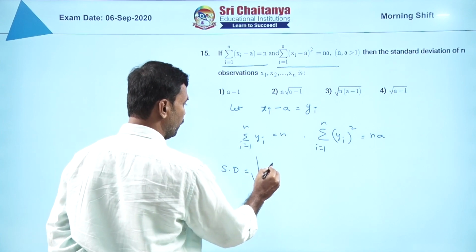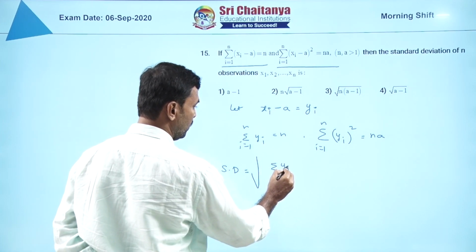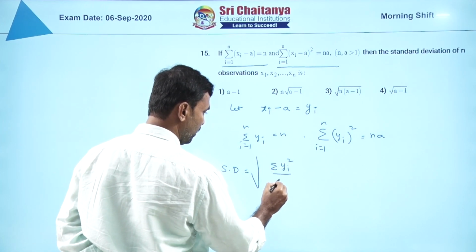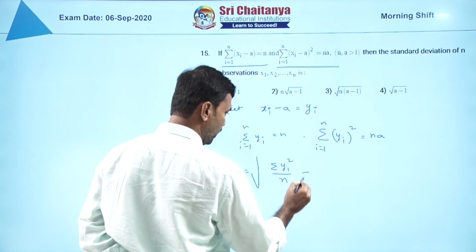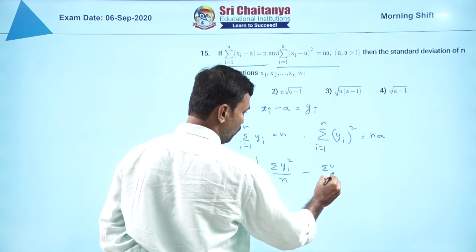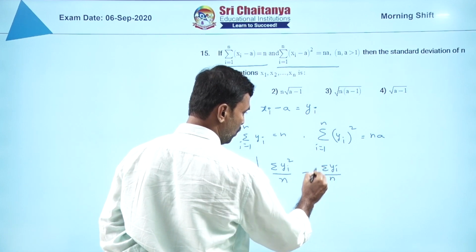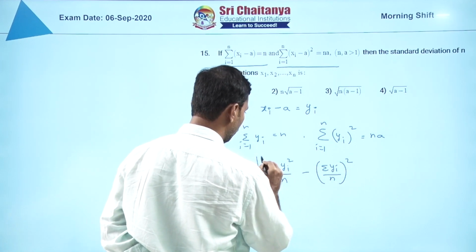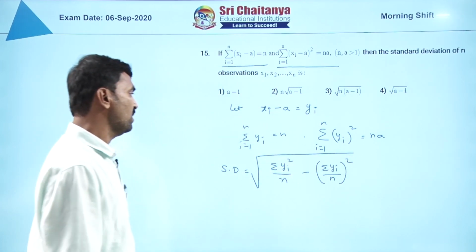Root over sigma yi square by n minus (sigma yi by n) whole power 2. This is the formula for standard deviation.